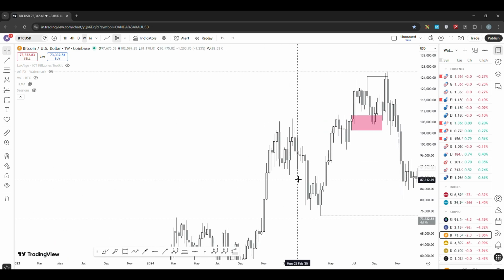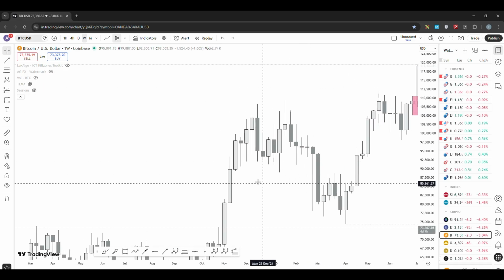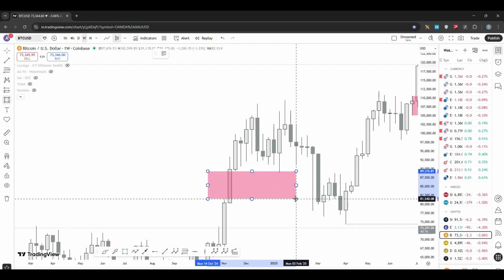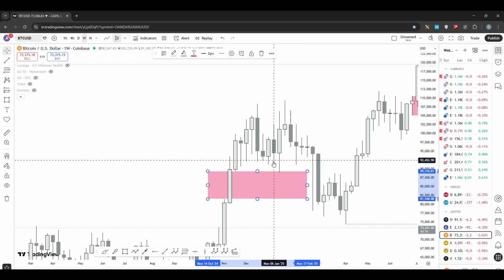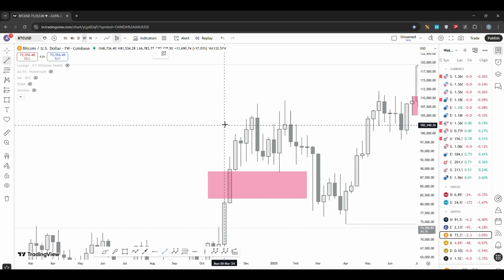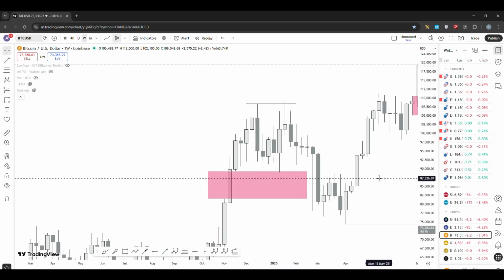So if you understand this carefully, then you can understand and trade any kind of market. Here also a similar thing happened in weekly. There was no POI over here. The nearest POI was this fair value gap. So market came down all the way, just tapped into this, and once again went up and took out the weekly liquidity.